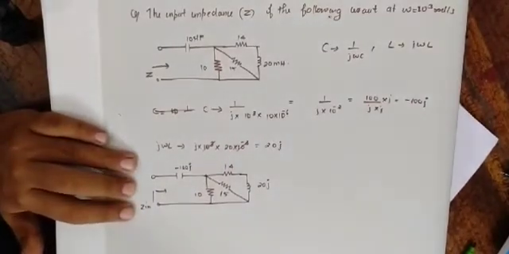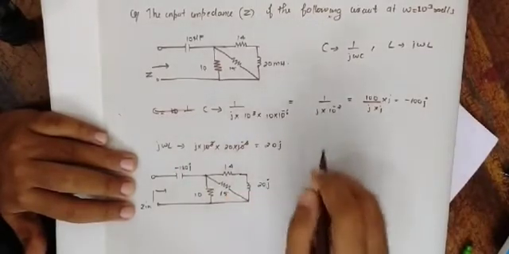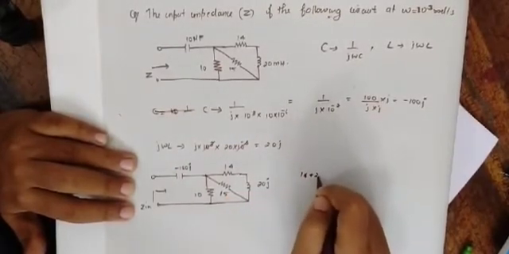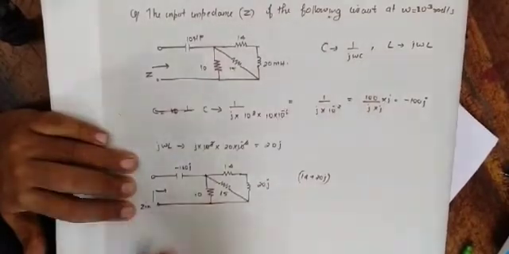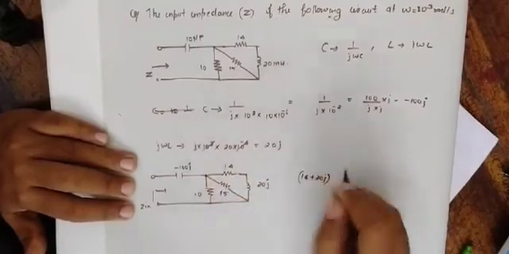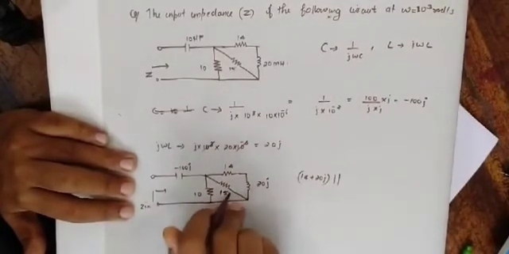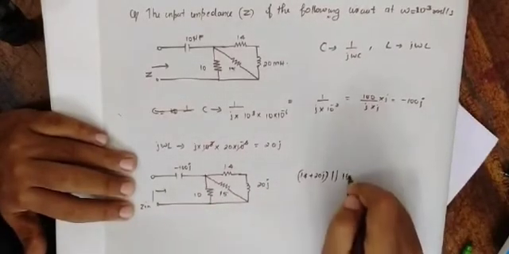Right, so if you can see, the Zin is 14 and 20j in series. So 14 plus 20j, and that is in parallel with our 15 and 10. 15 and 10, as you can see, they are in parallel with each other.